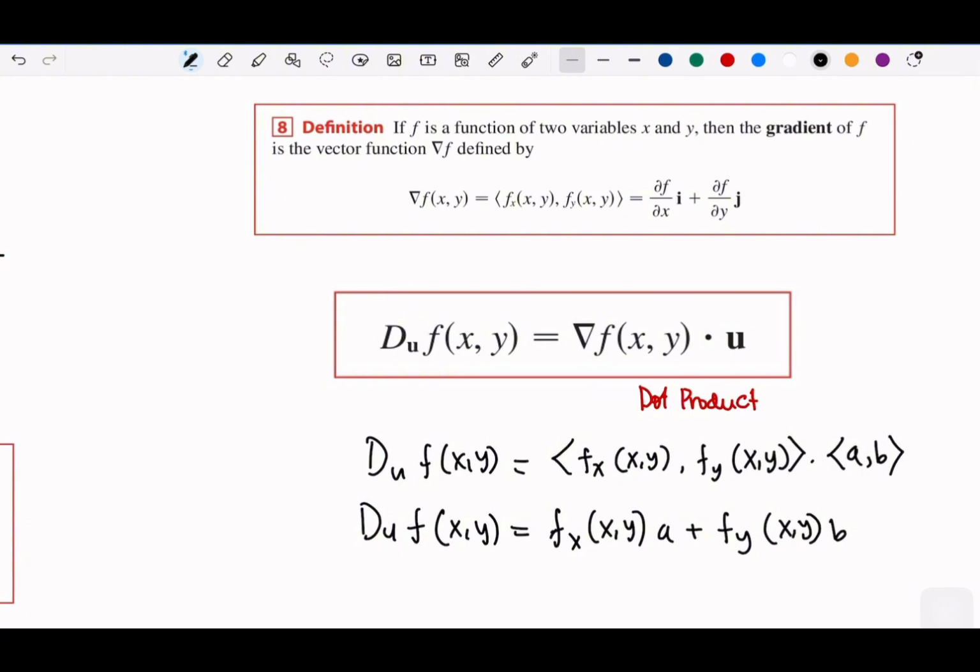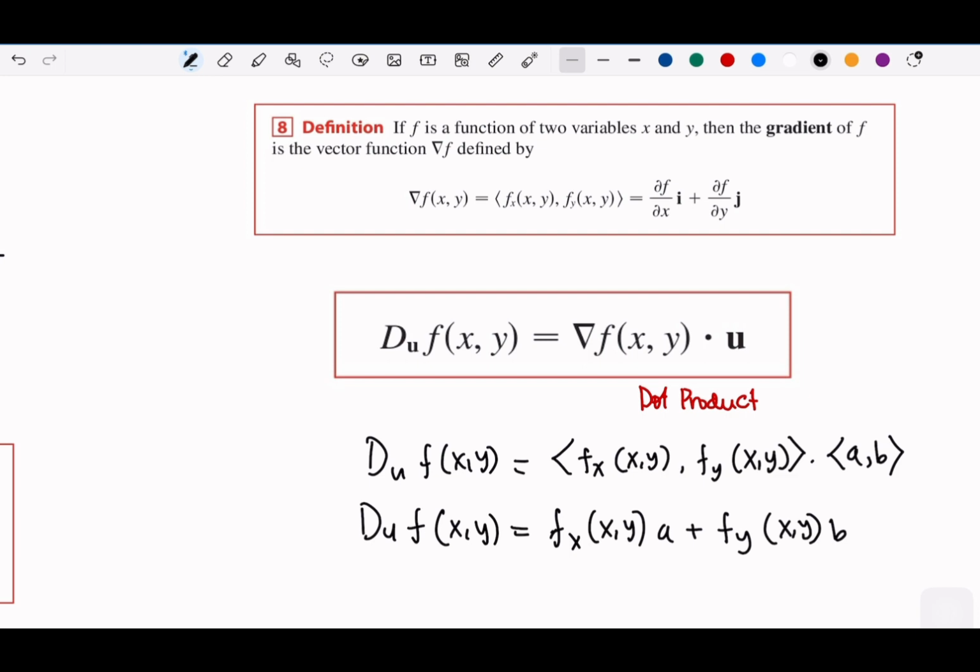Okay. So that's why you need to have a vector, or the unit vector to be precise. So whenever you have the gradient vector, and if we know the direction, then the product of those will be the rate of change of that function in the direction of u. Okay.